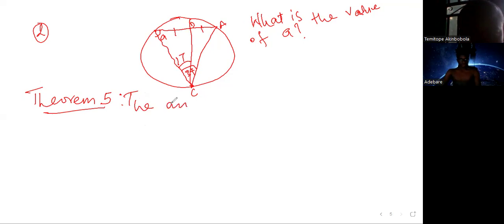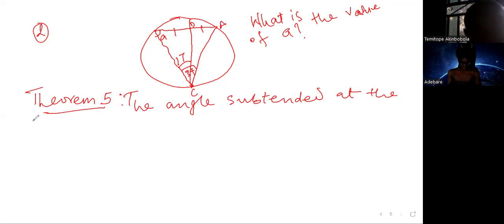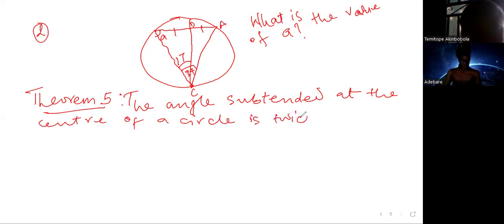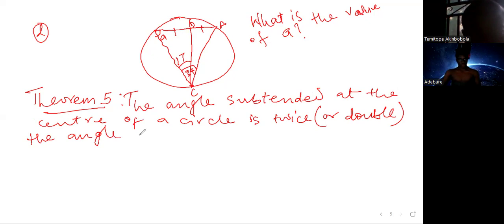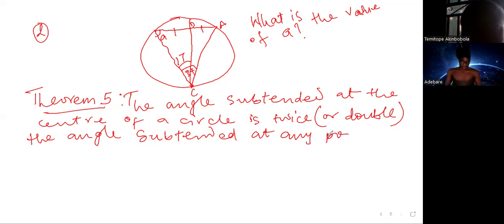The angle subtended at the center of a circle is twice, or you want to say double, the angle subtended at any point on the circumference by the same arc.